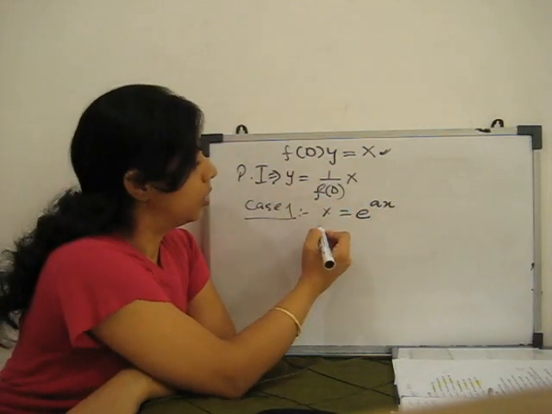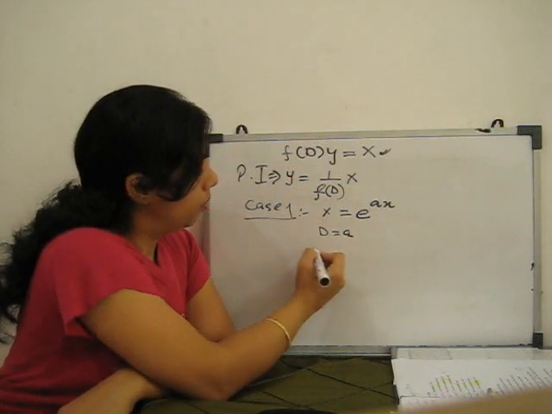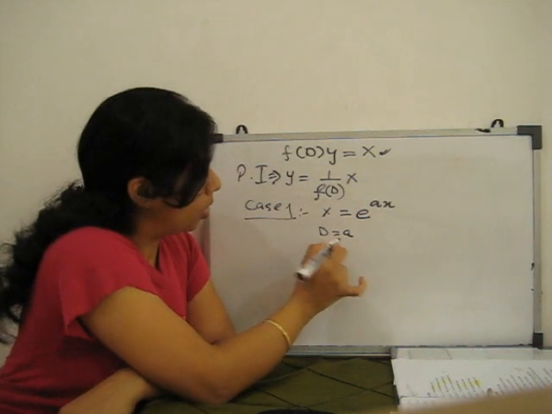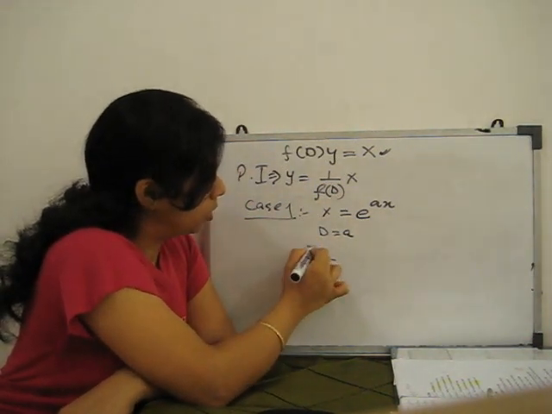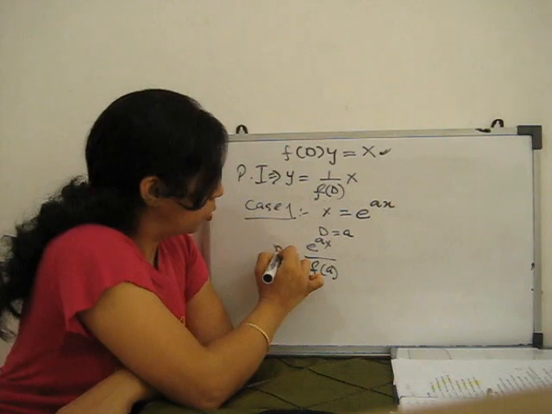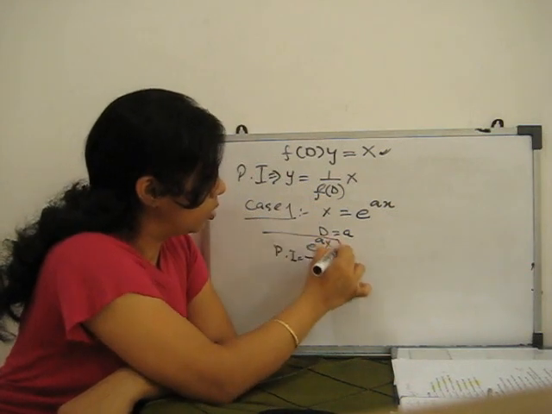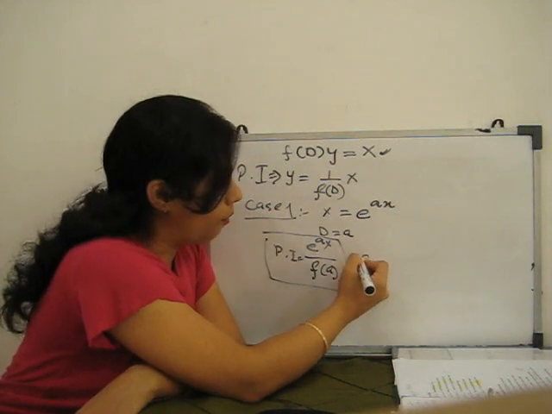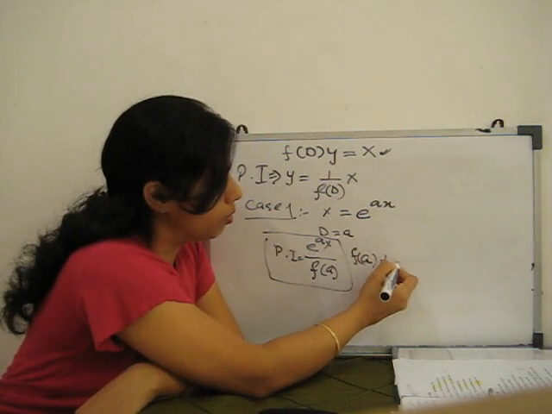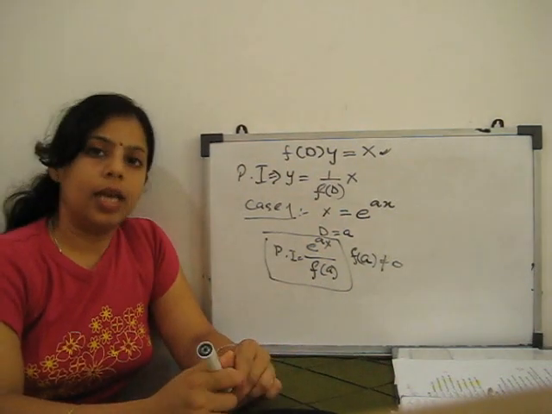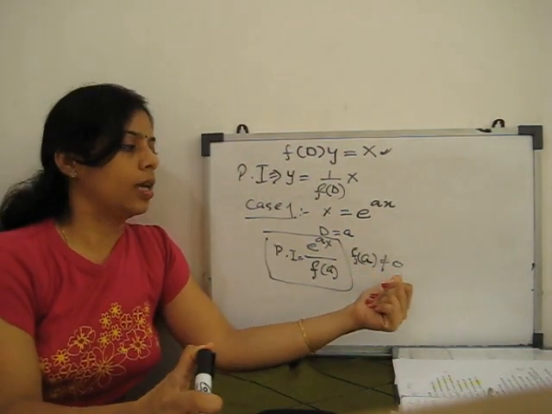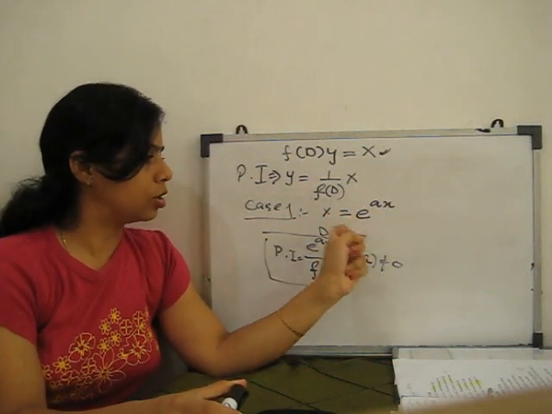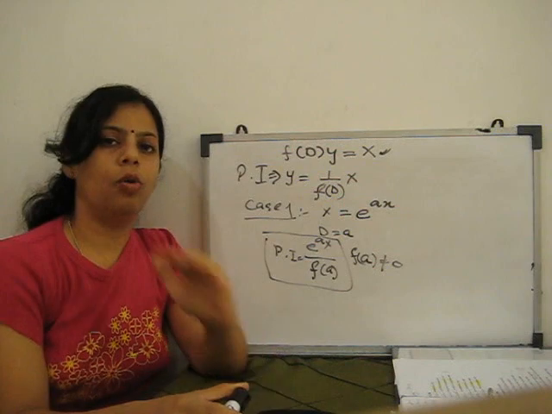You substitute D equal to a, so our particular integral is e to the power ax upon f of a, where f of a is not equal to 0. In case of failure, if f of a gives 0, then we don't go through this process, meaning D is not replaced with a, and we go for the other process.